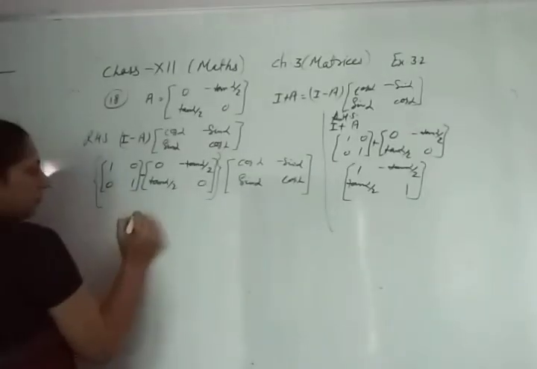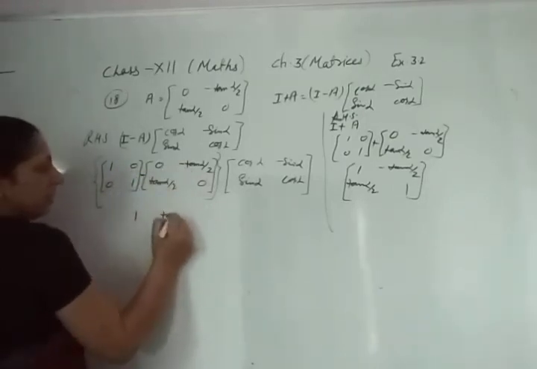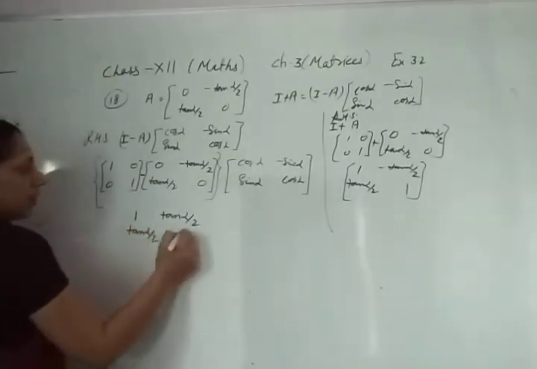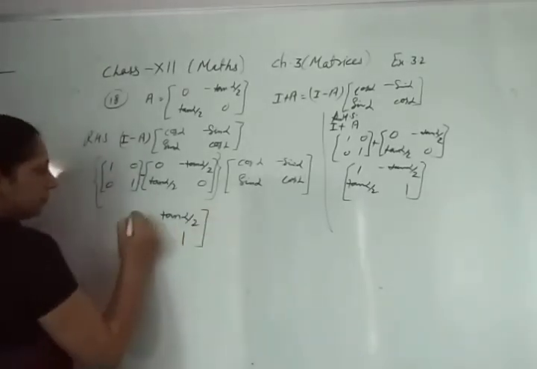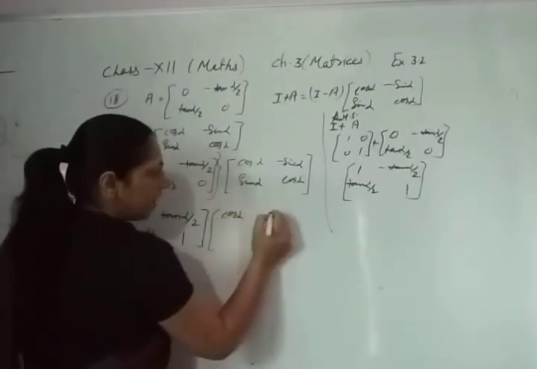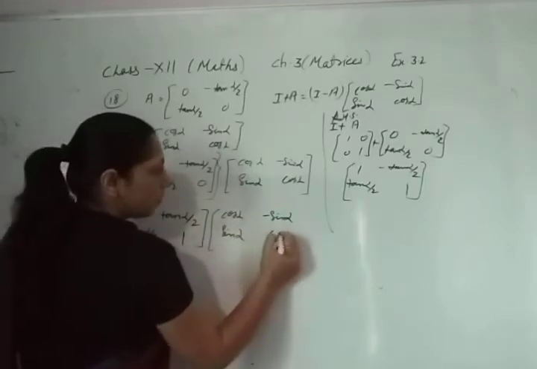So first we have to solve this bracket. So it's 1 0 minus minus plus 10 alpha by 2, 10 alpha by 2, and 1. And this one is cos alpha minus sin alpha, sin alpha, cos alpha.